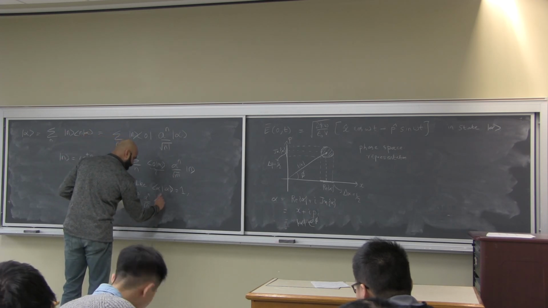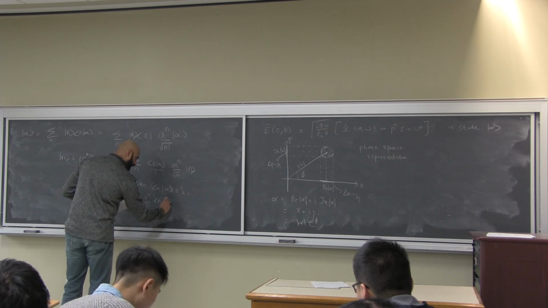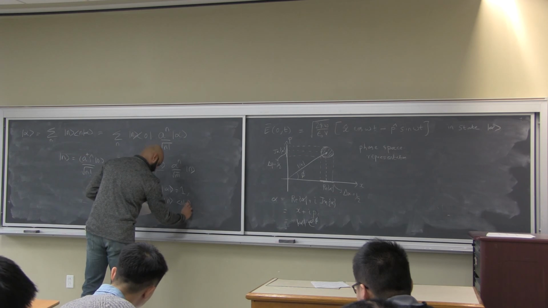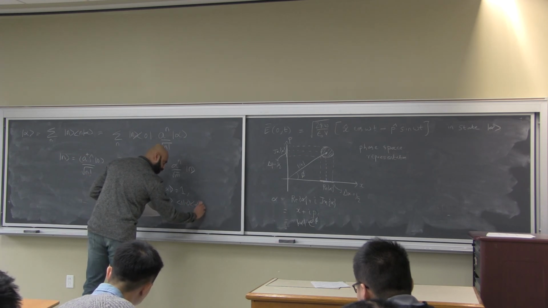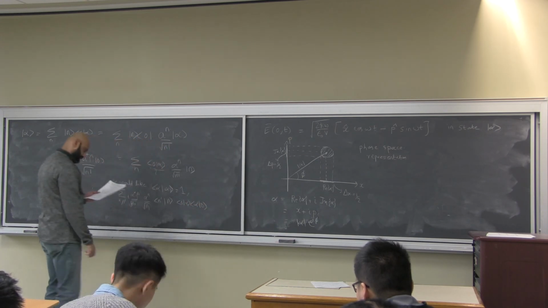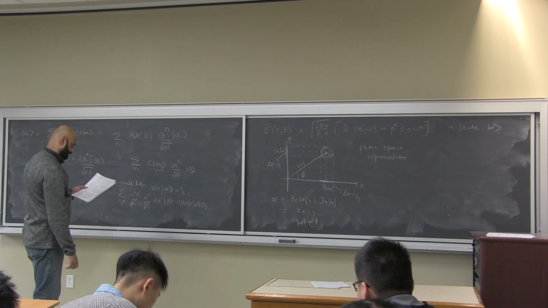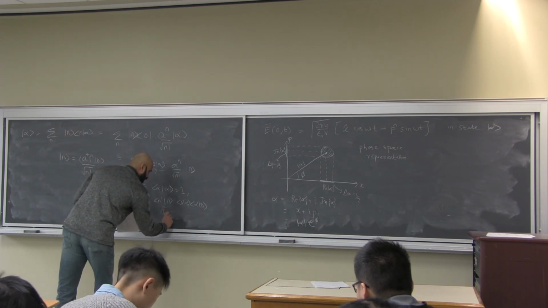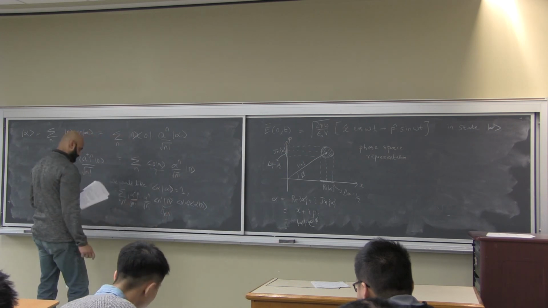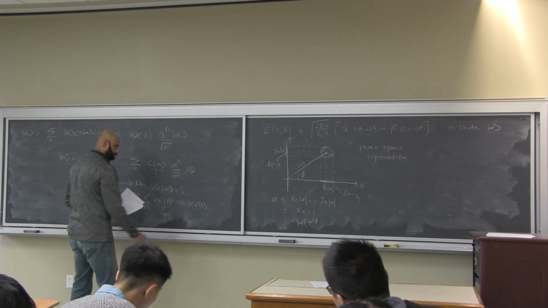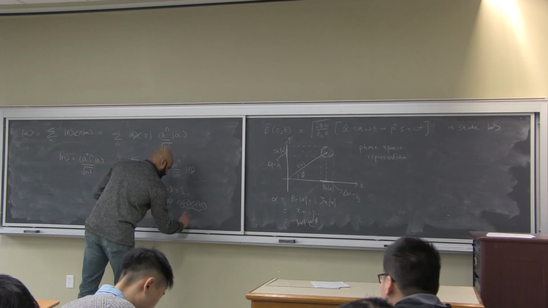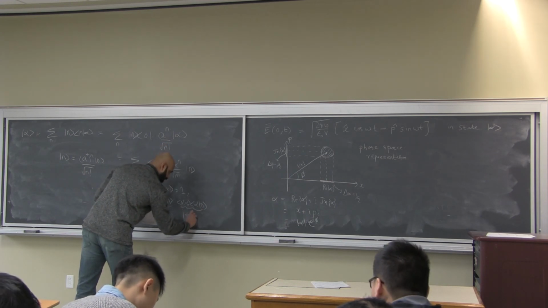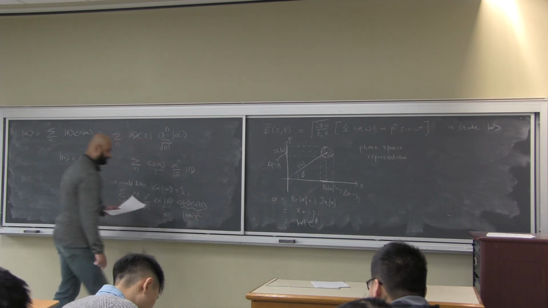Then I have ⟨n prime|n⟩, and then I have ⟨α|0⟩⟨0|α⟩, and that's the term that I want to obtain. So this is going to be delta n prime n, and that will make these into alpha to the 2n, and this is the normalization factor |⟨0|α⟩| squared that I want to determine.